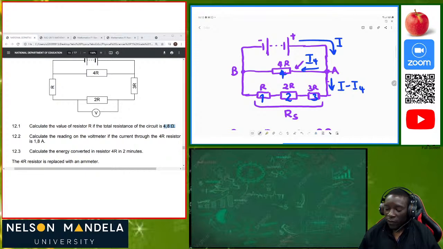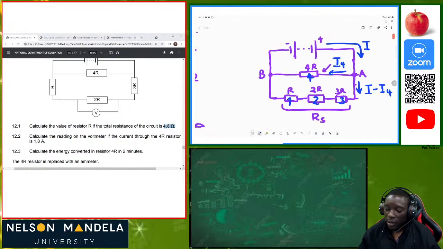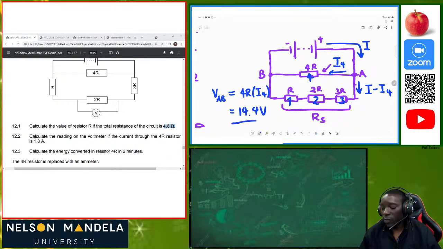But we're told what I4 is. So I4 times the resistance there gives us the potential difference between either side of the resistor. We call that potential difference VAB equals 4R times I4, what we calculated. So the potential drop across points A and B is 14.4 volts. This 14.4 volts is also the potential at the terminals because there is no resistance in the wires.